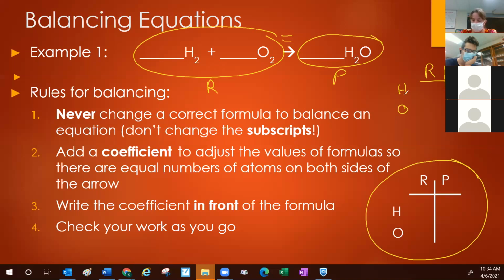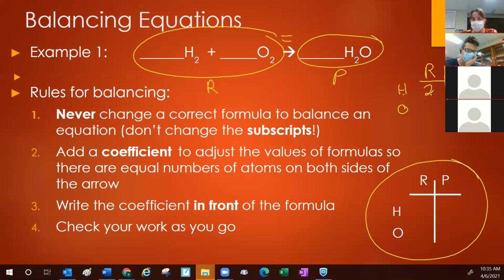If we look at hydrogen and go to the reactant side, which is over here, you will see that next to the H in the corner, there's a 2. So that means we have 2 hydrogens on the reactant side. Now we go to the product side.